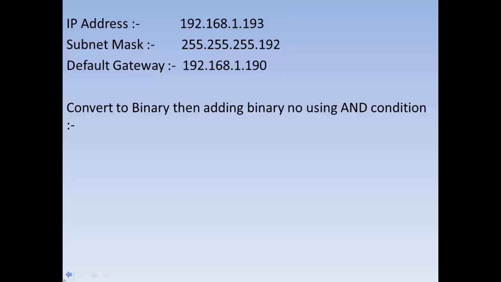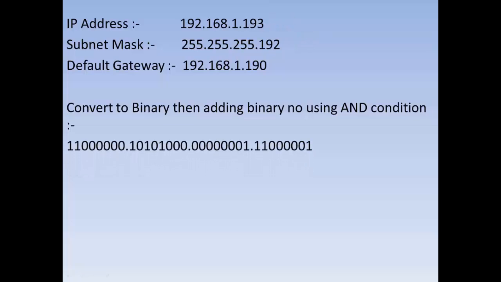So first, to find out the network ID. It is very helpful from an exam point of view, from a troubleshooting point of view, and for your general knowledge also. The very first task is to convert this decimal number system to the binary number system.